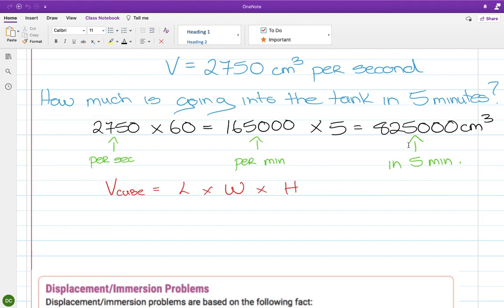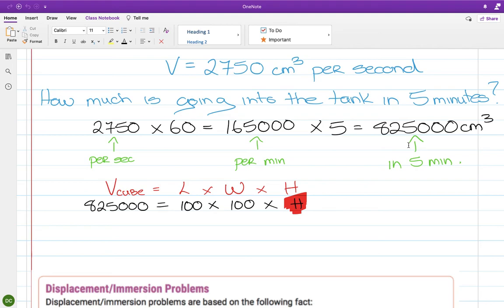Now, I'm not looking for the entire cube, okay? I'm basically looking for the capacity or the volume of the water that's in it, okay? So how much has it filled up? So I know the volume. The volume is 825,000. I know the length is 100, the width is 100, and the height of the water is what I'm trying to figure out.